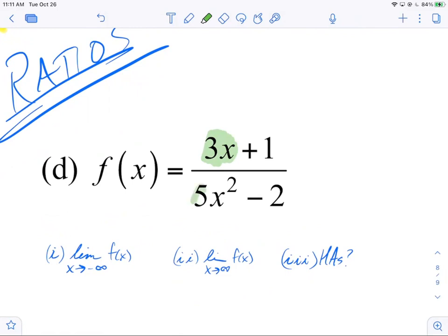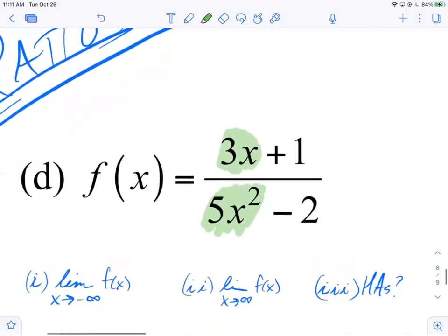The bottom is a quadratic, so for large values of x, and when I say large, I mean magnitude-wise, plus or minus infinity, it grows according to the leading term 5x squared. The plus 1 minus 2, not really helping out for infinitely large values of x, okay? But they are affecting the graph locally.